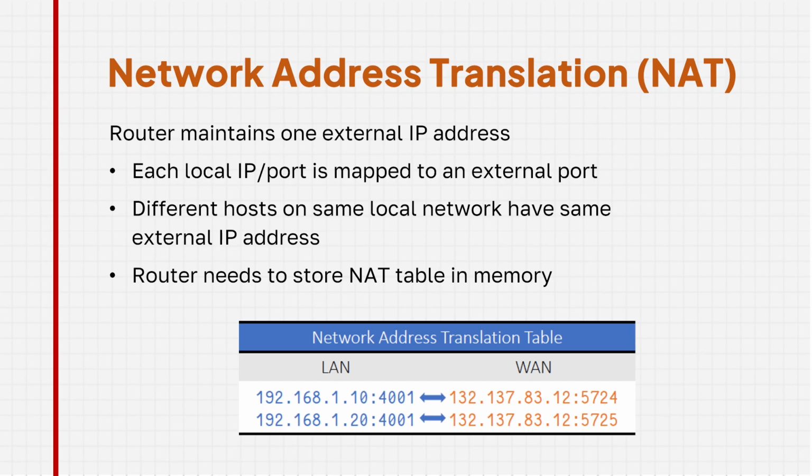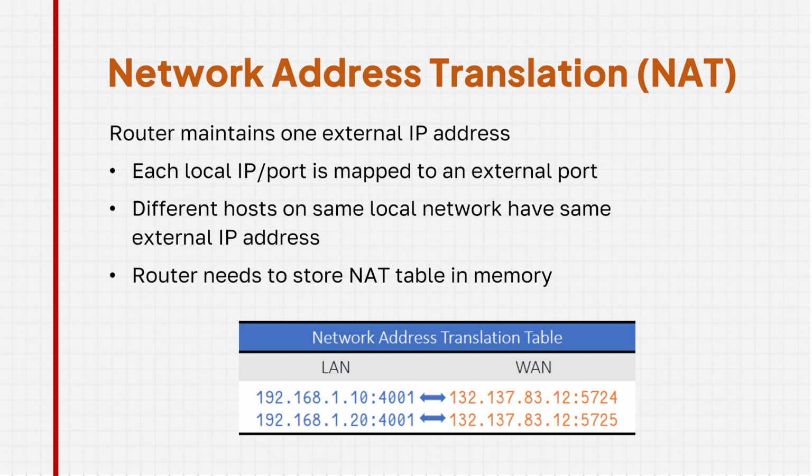For example, I assign this one port 3000, this one 4000, and this one 5000. Then when it goes out, it will carry the router's external IP and the external port 3000.